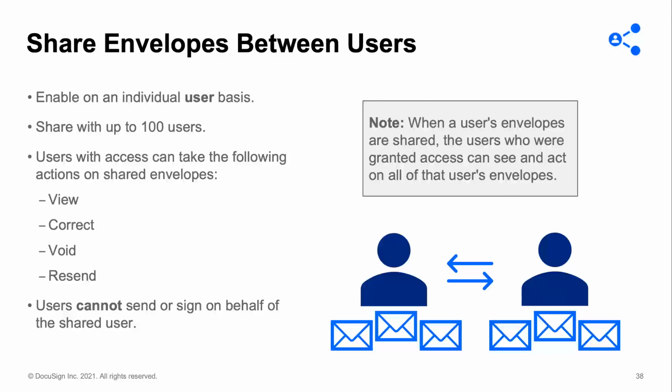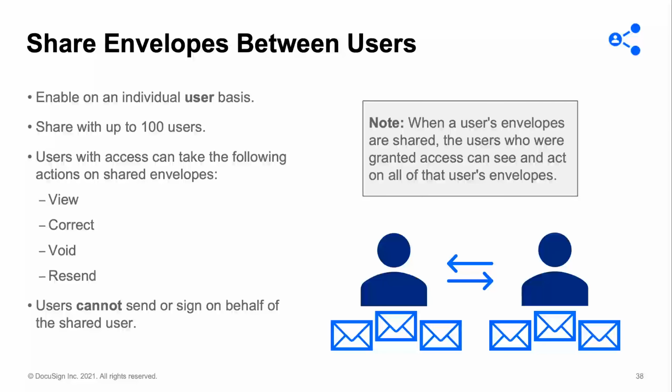But they won't be able to send a new envelope as though they were the original user, nor will they be able to sign on behalf of that shared user.